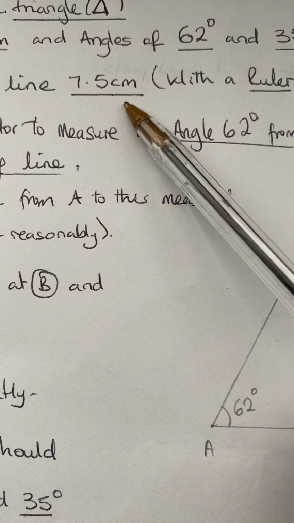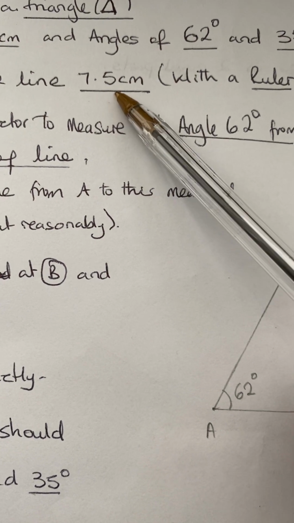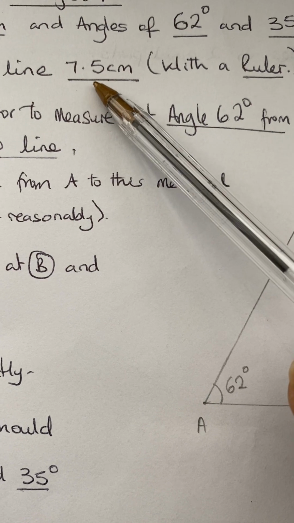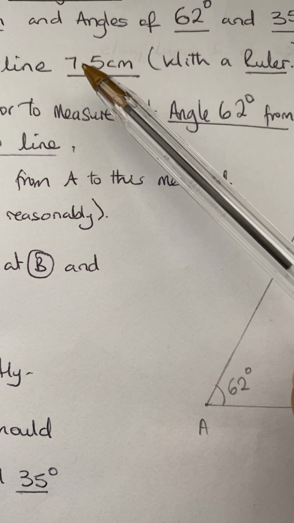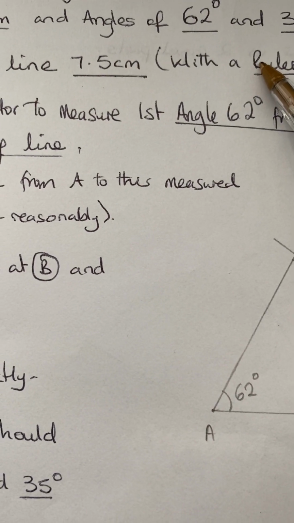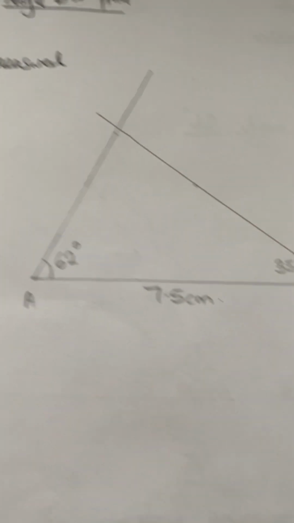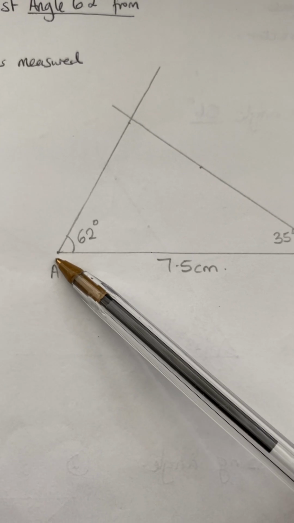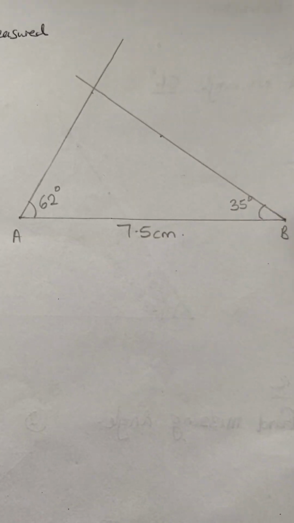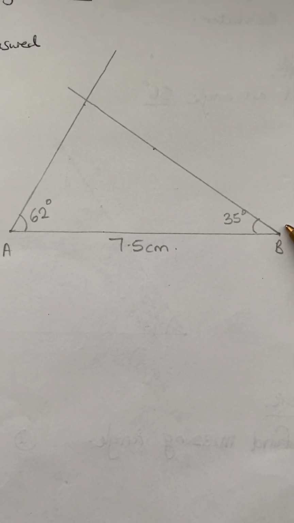You can decide to extend it, you can decide not to, but even if you extend it, make sure you are working with the angle at 0 to 7.5 centimeters. So I wouldn't extend this line. I'll just do it as I did, so that my reference point will be A to B, because this is accurately 7.5 centimeters.